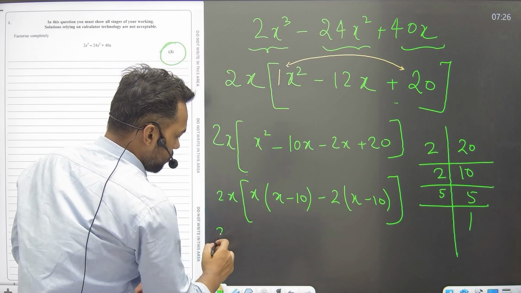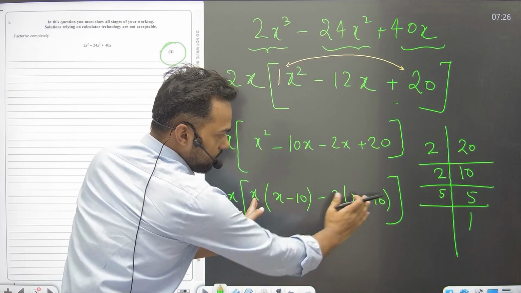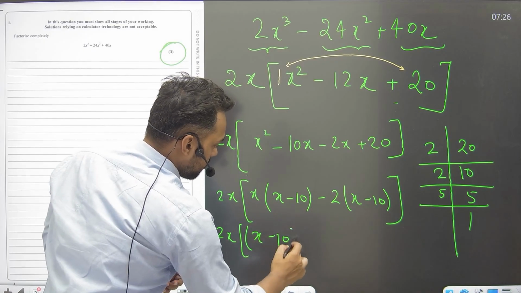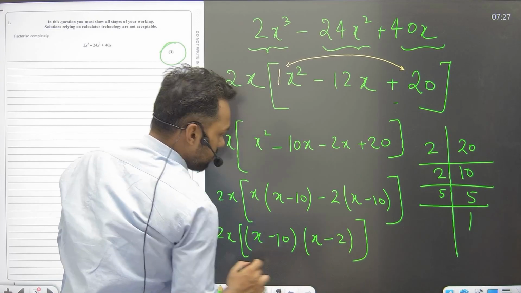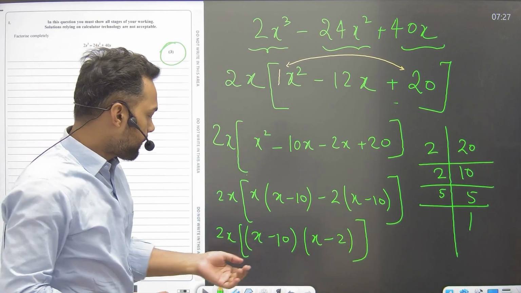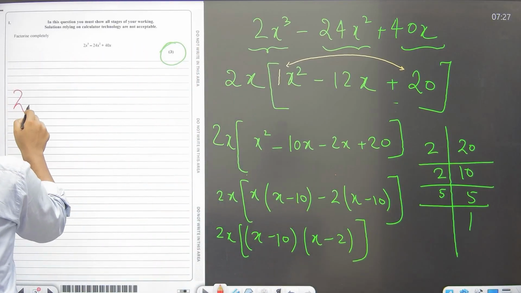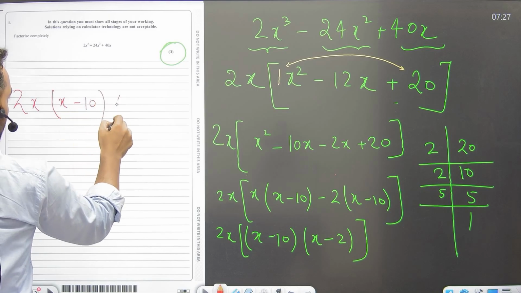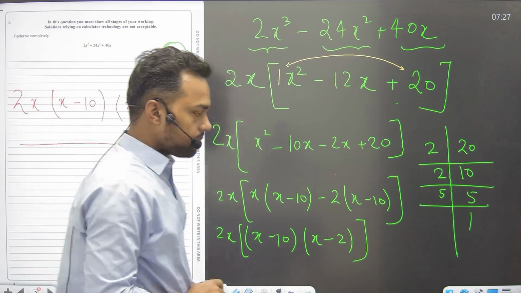Now x - 10 is common in both, so we take (x - 10) times (x - 2). After factorization, the value we get is 2x(x - 10)(x - 2). This is the solution.